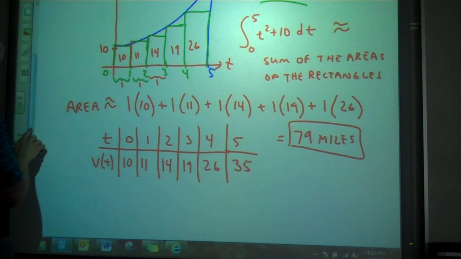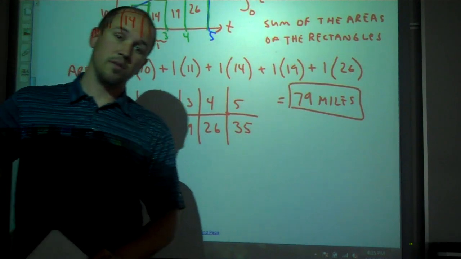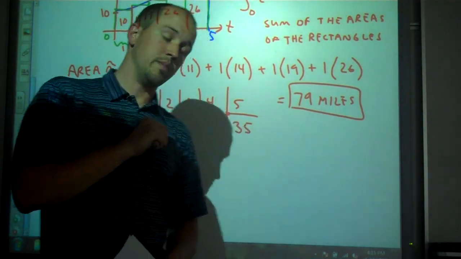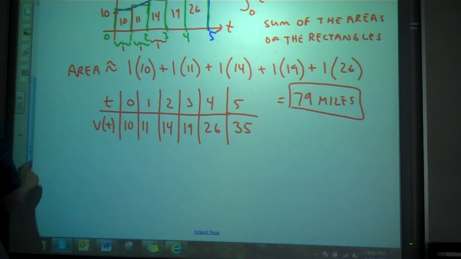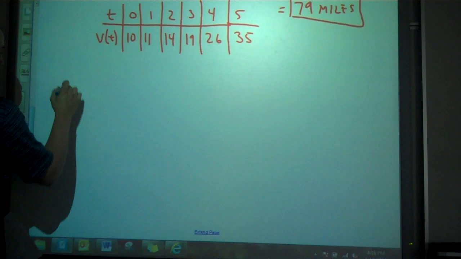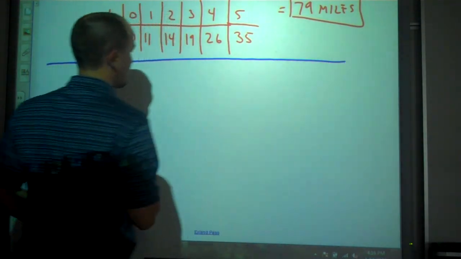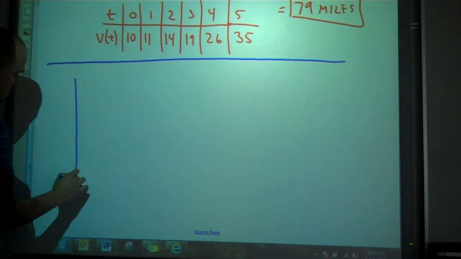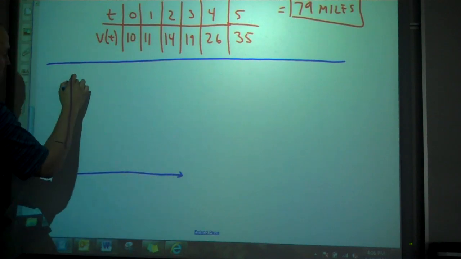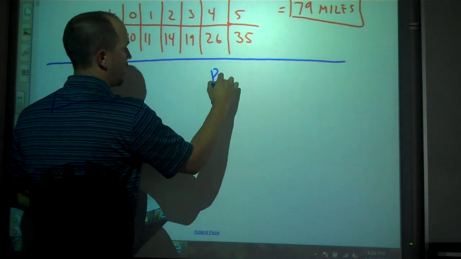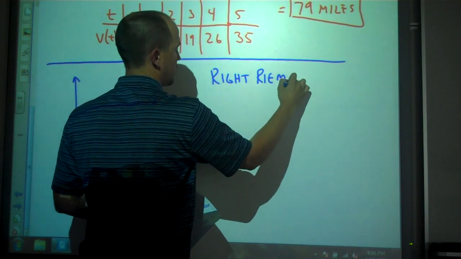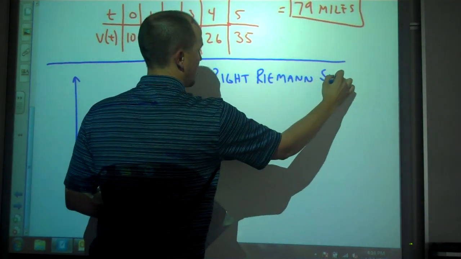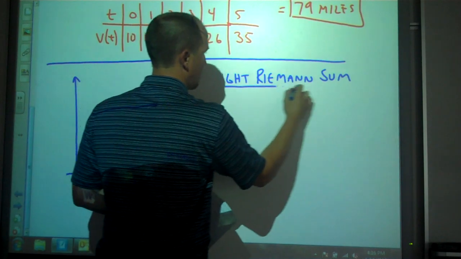Alright. If there's a left Riemann sum, there's a right Riemann sum. So let's do that. I'm going to sketch my graph there. A right Riemann sum.